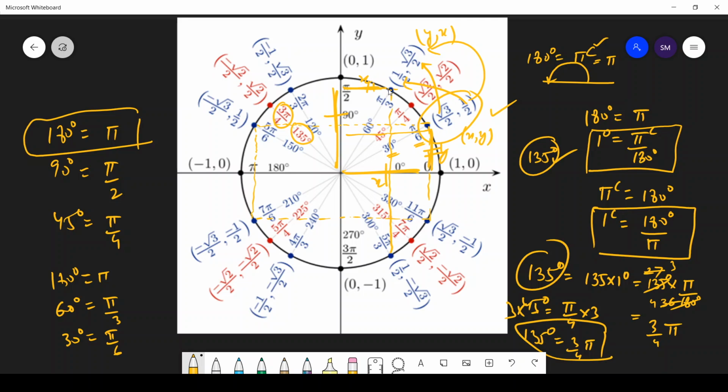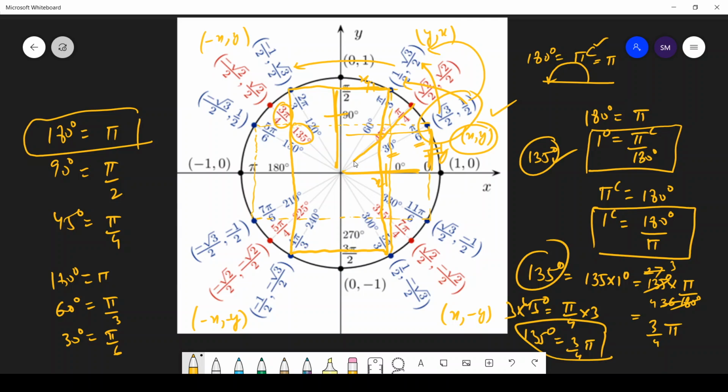Now if you know this coordinate, here the coordinates are x, y. In this quadrant the coordinates will be minus x, y. In this quadrant it will be minus x, minus y, and in this quadrant it will be x, minus y. So from here to here you can find the values.